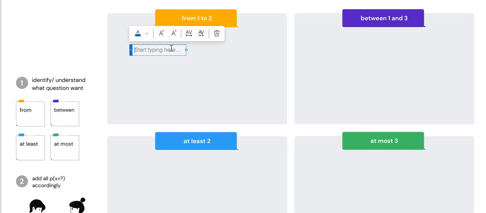Alright, so now we try to solve the first one here. It means the probability is included, from 1 included. This is the symbol for less than or equal, class.